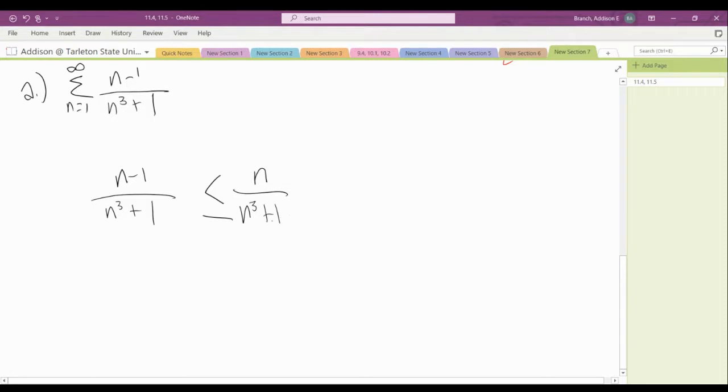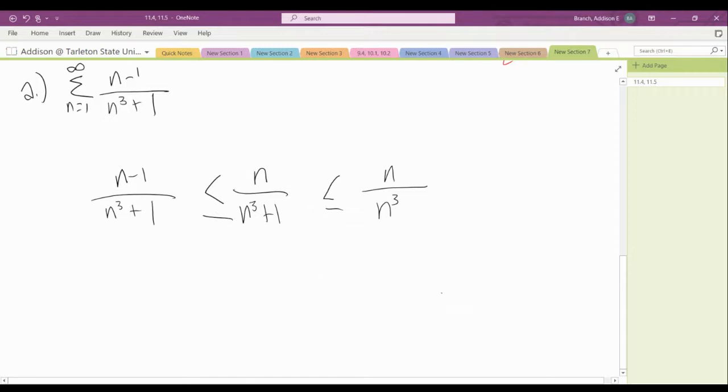And now let's say we want to get rid of that plus 1 in the denominator. Well, our function is still bigger because now we made our denominator smaller, which makes the full thing bigger. So therefore, we now have something that we can compare with.